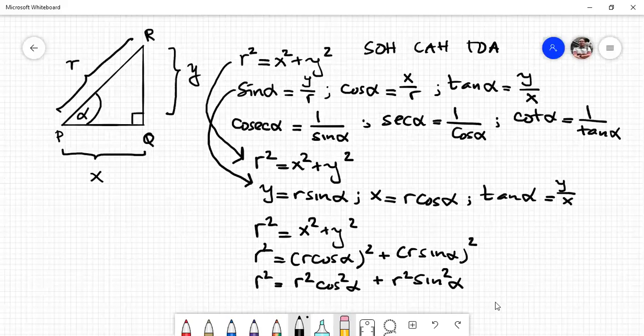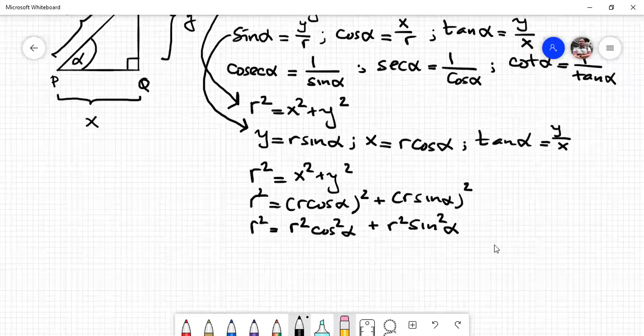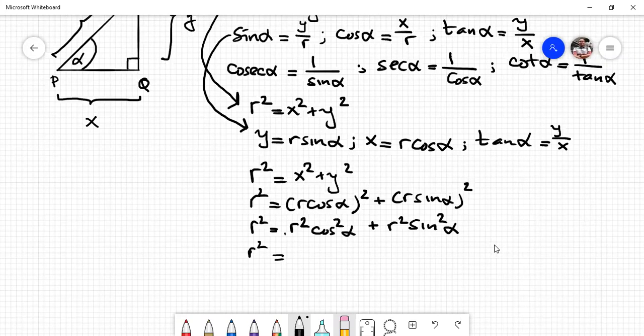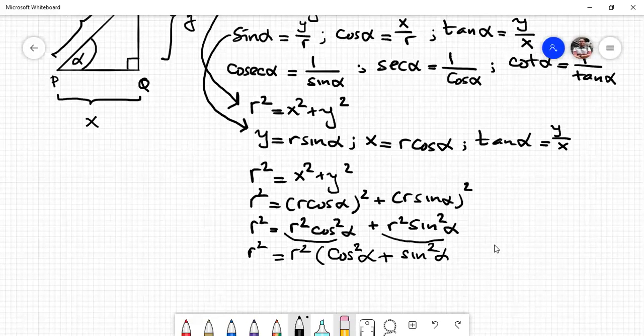Okay, now as you see here carefully, this is still R squared. In this term we have R squared, and in this term also we have R squared, so we can take it out and put the bracket like this, and inside we have cosine squared alpha plus sine squared alpha. And then the R squared on both sides divides out, so it becomes 1.